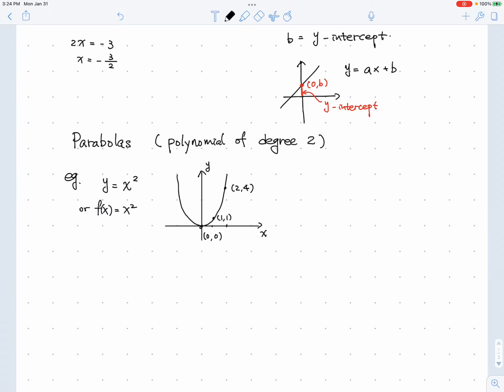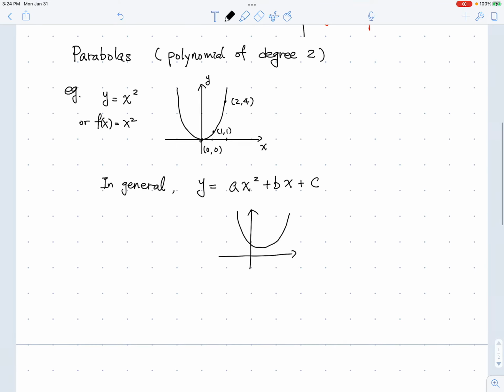And in general, any polynomial of degree 2, ax squared plus bx plus c, gives you a parabola like this. It might be stretched, it might be shifted, or moved around the plane, but it still has the shape of a parabola like this.